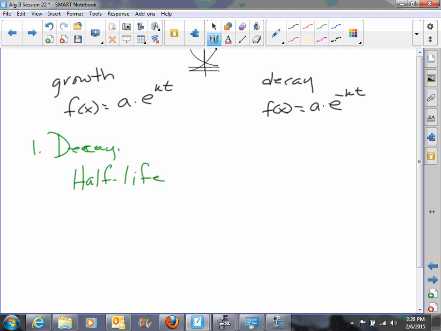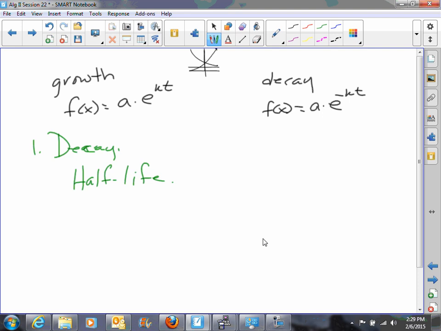If you have a radioactive substance, as time goes by, the molecules of this substance will give off particles and become another element that's fairly close to it, chemically speaking. And this is called radioactive decay. And the way we ordinarily talk about how fast this happens is we talk about an element's half-life.